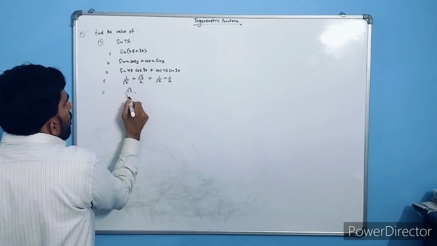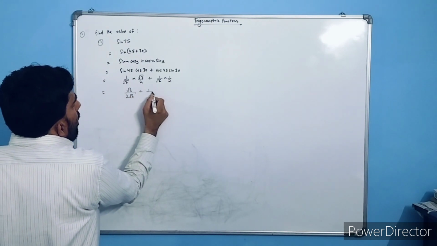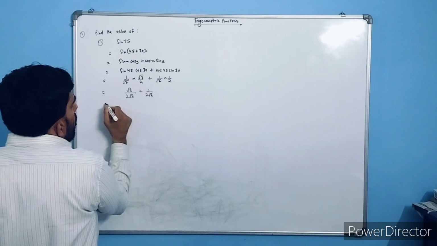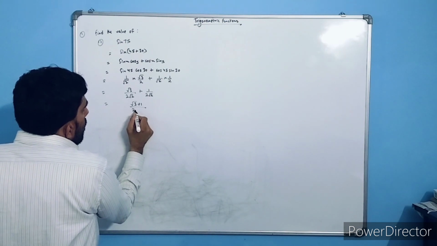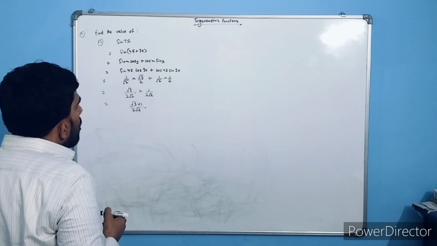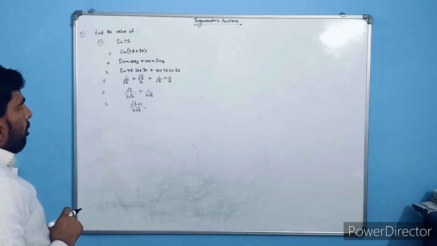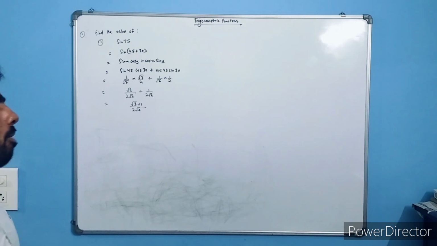So now I got the value by solving it. By taking the LCM, I found 2 root 2. Okay, so that is how we can solve this kind of numerical.